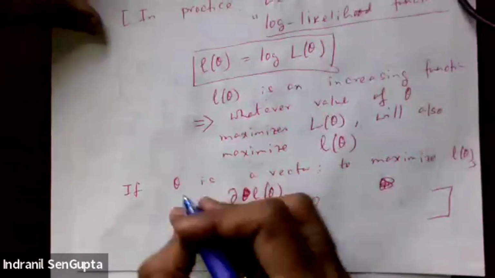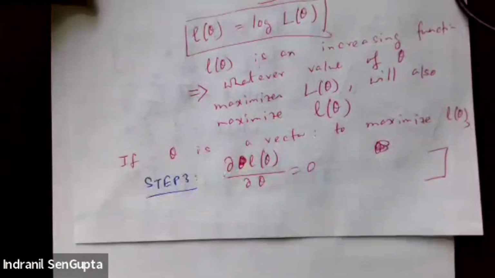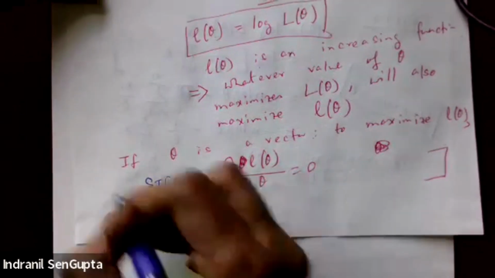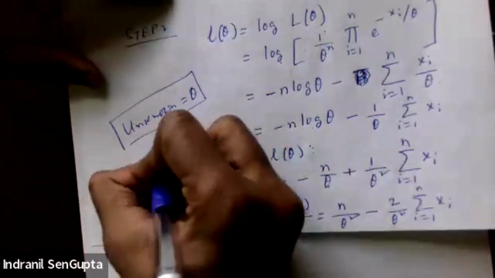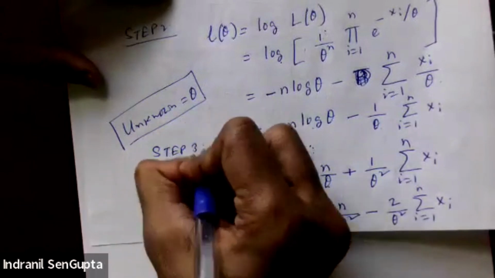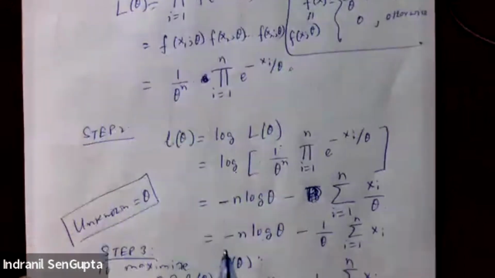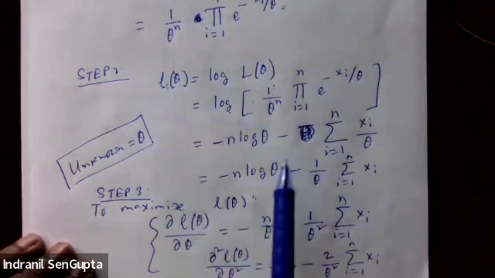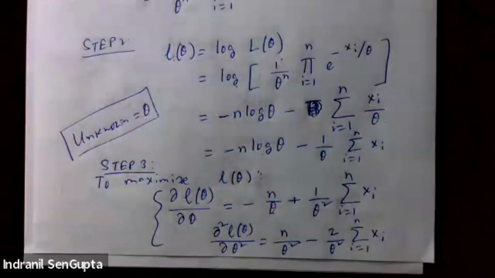And let's call the maximization step 3. So step 1 is just L(theta). Step 2 is little l of theta. Step 3 is we are maximizing this, which involves some calculus.